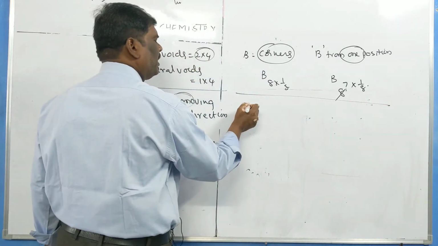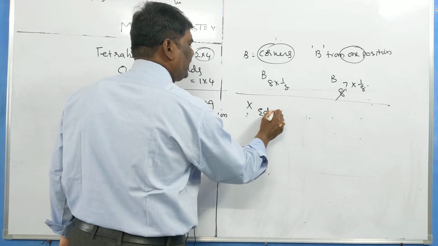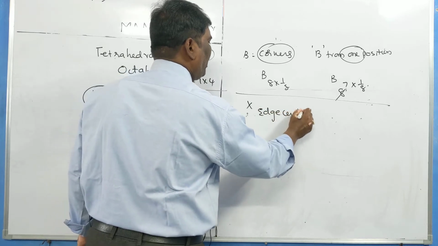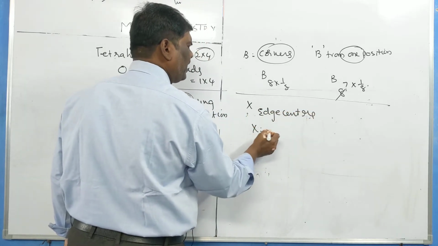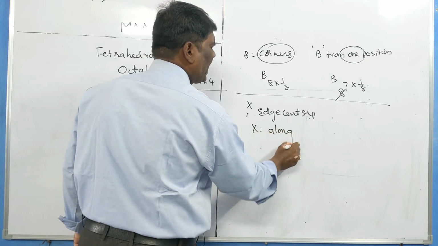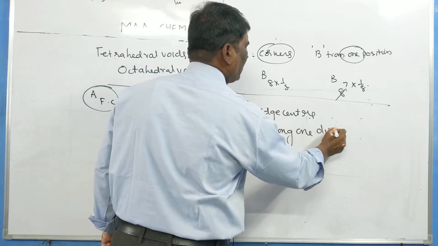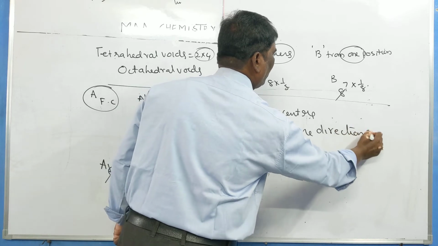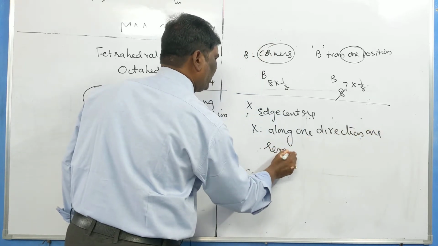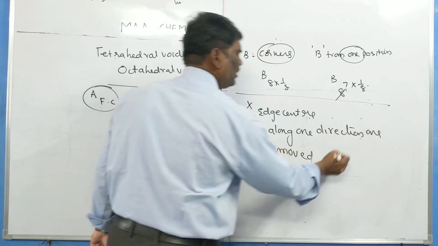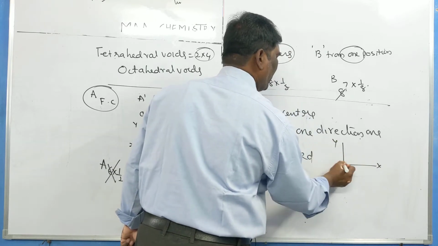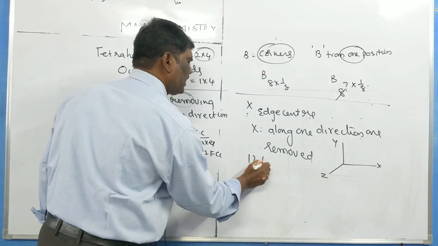Similarly, one more. X occupies the edge center, and they are saying X along one direction are removed. Here there are three axes X, Y, Z, and there are 12 edge centers.